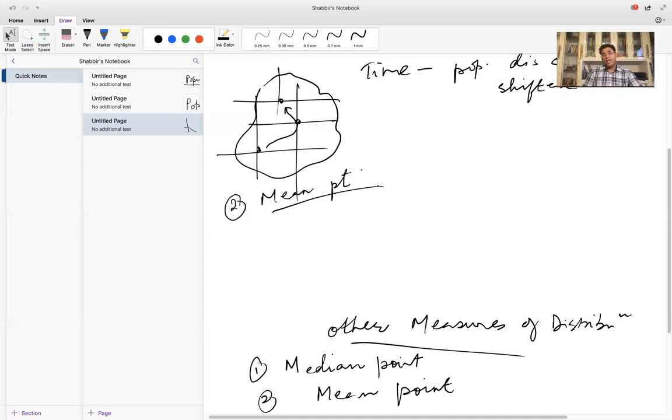Anyways, in the mean point measure, what is done is, if this is the area of study and if this is the population distribution, in reality, in the mean point, I try to find a location about which this plane can be balanced.